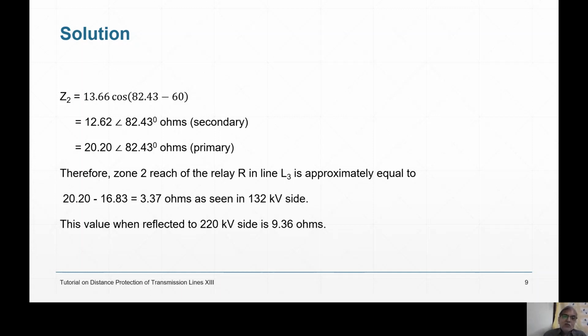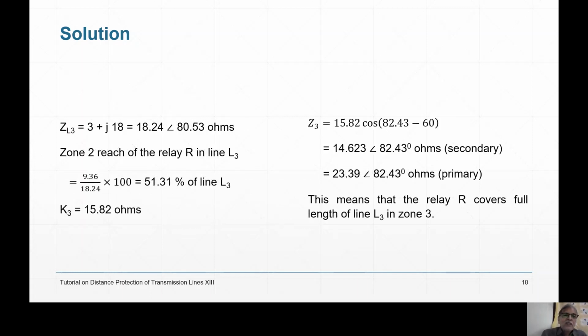But I have to see it for the 220 kV line, so it is not 3.37. It is 3.37 into 220 by 132 square, so it goes to 9.36 ohms. 3.37 on the 132 kV side is equivalent to 9.36 ohms on the 220 kV side.